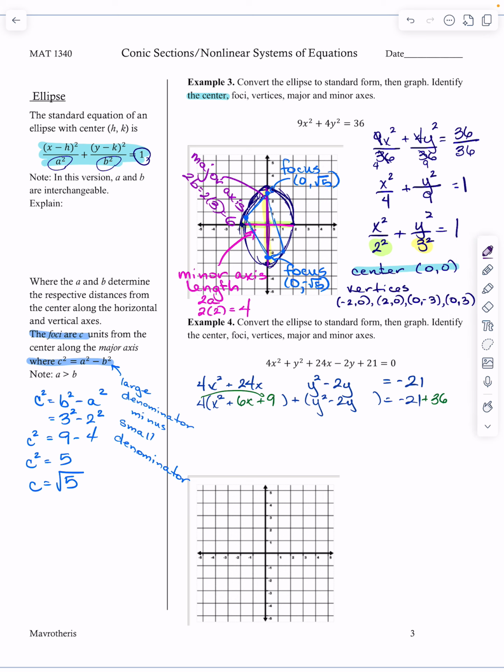Over on the y, I cut my negative 2 in half. I get negative 1. Square that, I get plus 1. And so I have 4 times x plus 3 squared, plus y minus 1 squared, equals 16. We created it that way. Okay. We want this equal to 1, so we're dividing everything by 16.